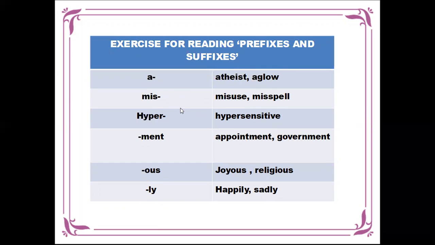So these three, a, mis, and hyper, are called prefixes because they are added to the beginning of a word. Then these three, ment, ous, and ly, are suffixes because they are added to the end of a word: appointment, government, joyous, religious, happily, sadly.